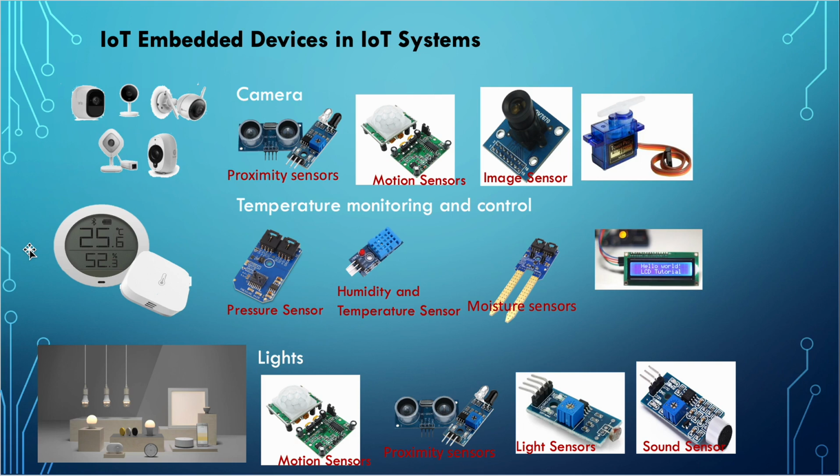One of the main points that should be highlighted is that each and every device has a processing unit, a network managing unit, and a power supply. That is common for each and every IoT device. Each and every IoT device has a network component, a processing component, and a power supply.